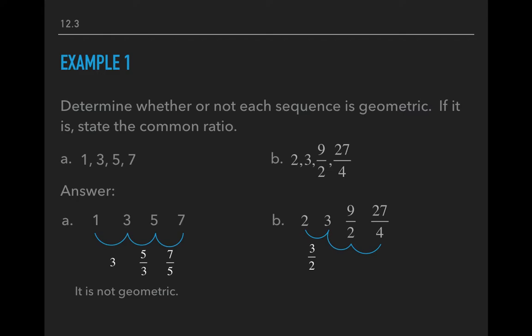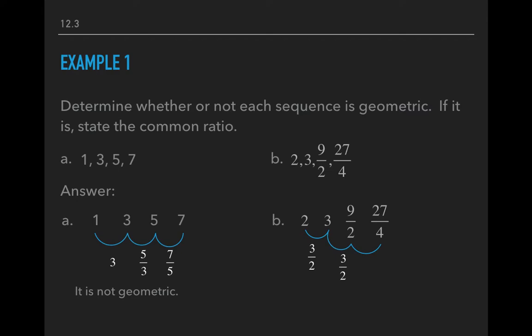Well, you'd have to multiply by the reciprocal, so you'd have 9 over 2 times 1/3, which is 3/2 again. And then it would be 27 over 4 divided by 9 over 2, but again, instead of dividing by a fraction, multiply by the reciprocal.